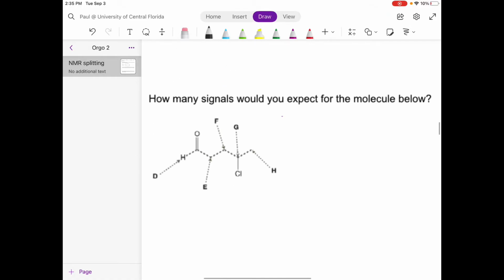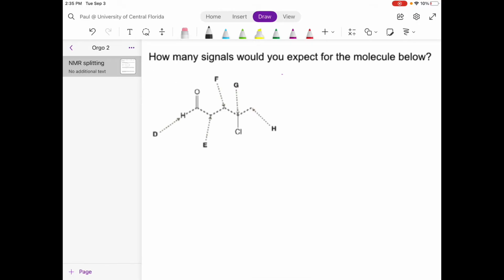Okay. So how many signals would we expect for this one? Now this is where we have to be very, very careful in the fact that you cannot just draw all these protons here, here, and here, and there, just with lines.